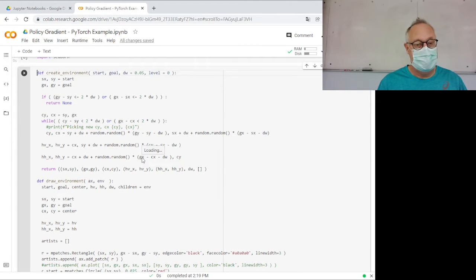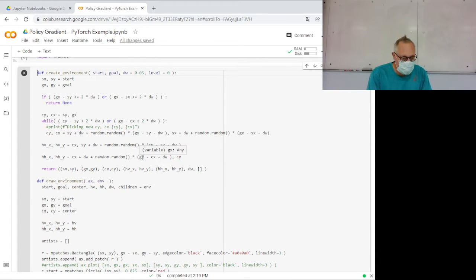So I want to create a non-trivial, interesting environment that is not too hard to solve for the policy gradient algorithm or other reinforcement learning algorithms.